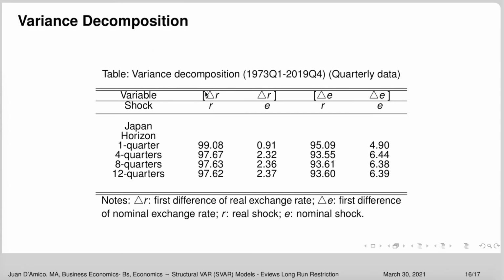We can see that here we have the real exchange rate, here we have the nominal exchange rate, and here we have the shocks: real shock and nominal shock, for each.